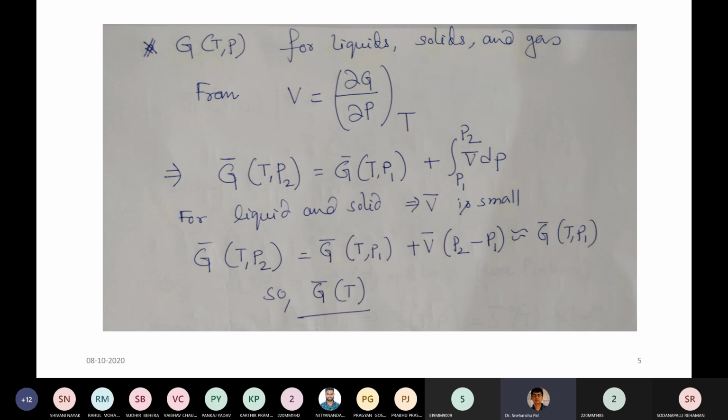We can ignore the effect of pressure for liquid and solid states when determining the Gibbs free energy. That is quite realistic, and the assumption is very practical, as for such states of matter, the change in volume with respect to change in pressure is very, very minimal.